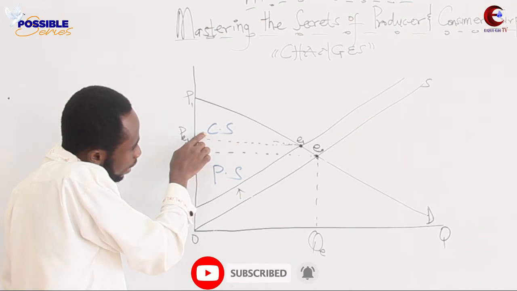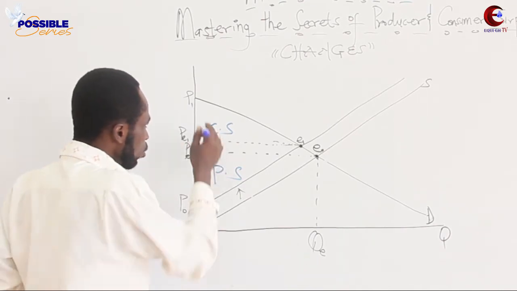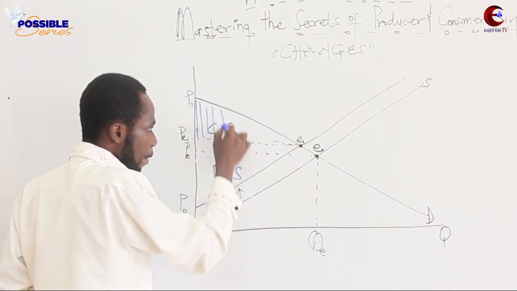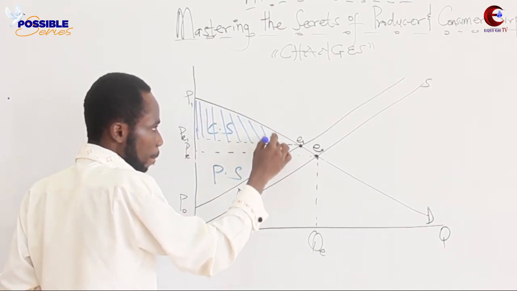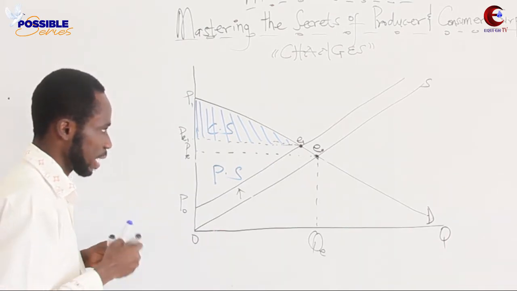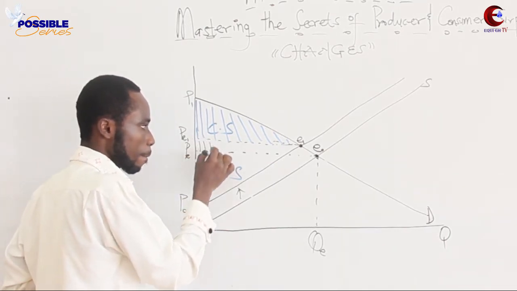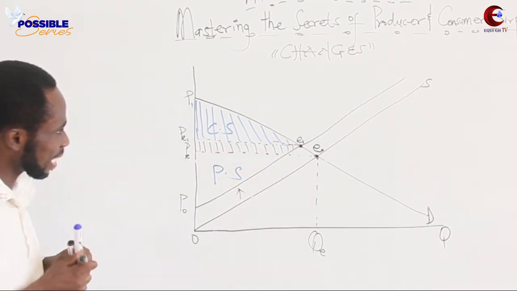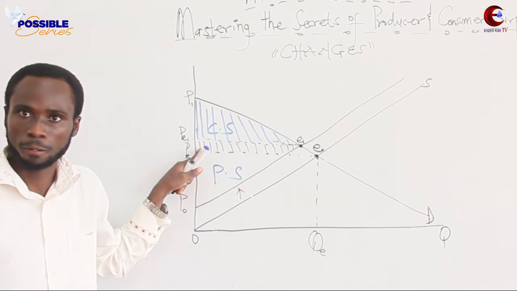It's going to be only this portion, excluding this portion. So it means that this portion has been cut off.